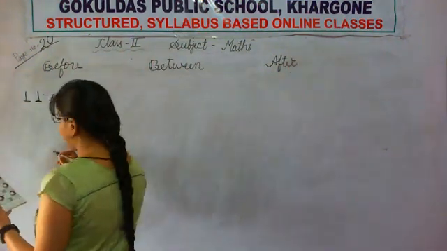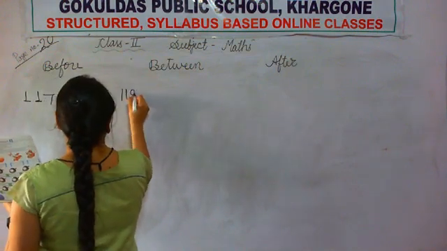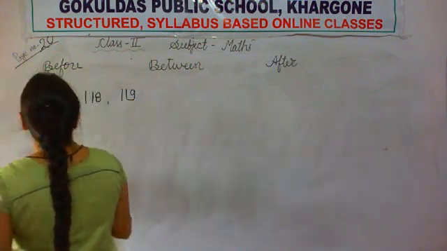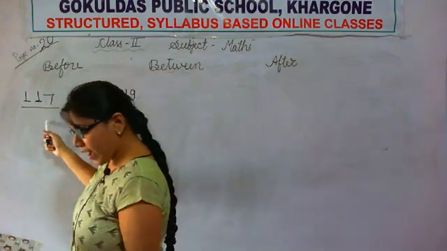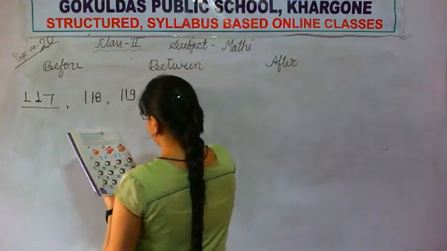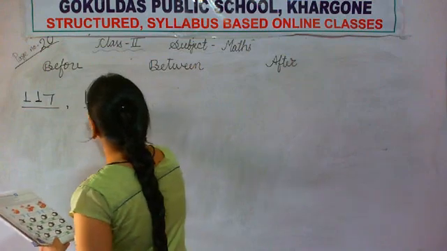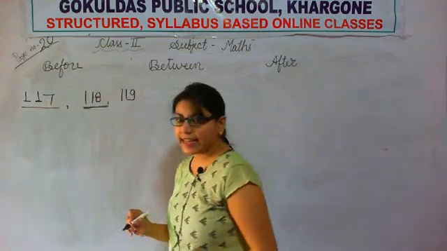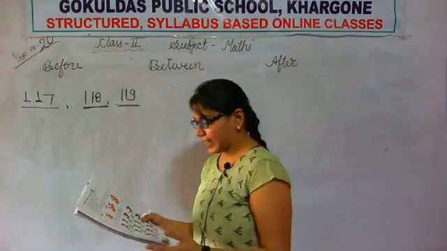So 117, 118 and 119. So the before number here is 117, what is the between number here is 118, and what is the after number here is 119.